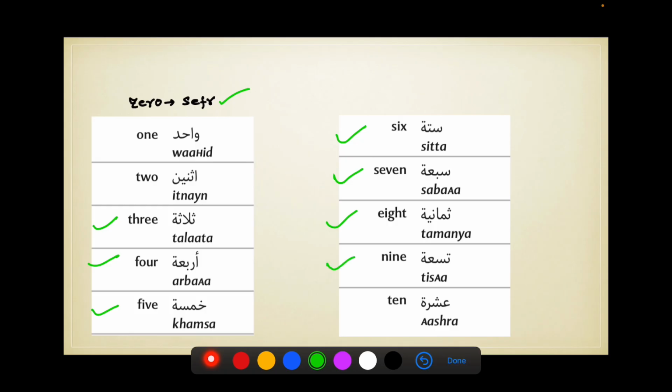And 10 is ashara. So again, 0 is sifr. 1 is wahid. 2 is itneen. Talata. Arba. Khamsa. Sitta. Saba. Tamanya. Tisa. And ashara. You will have to memorize these. These are important numbers from 1 to 10.